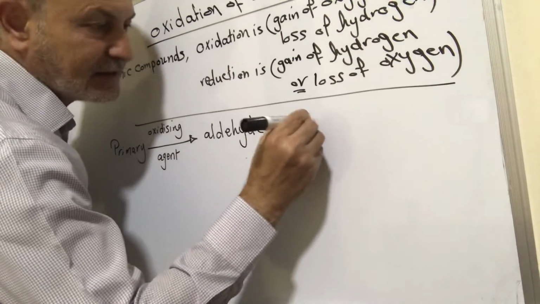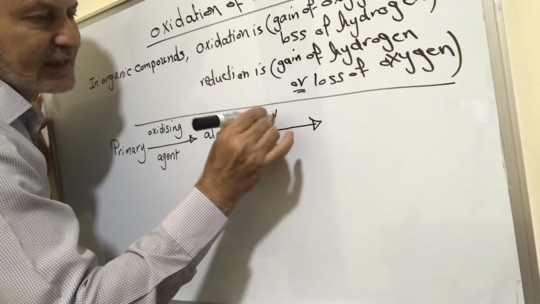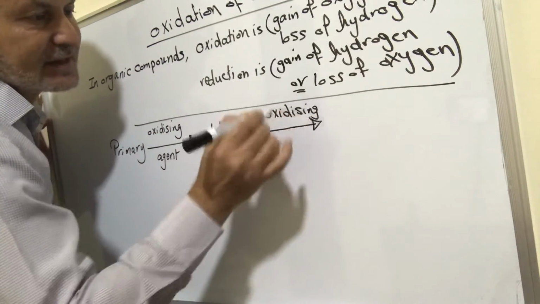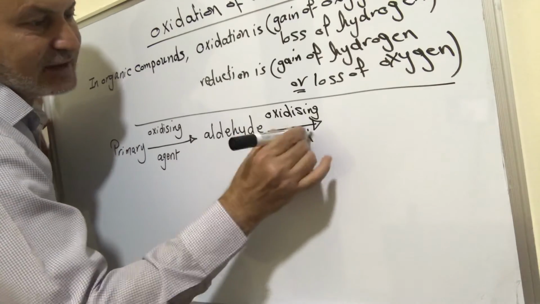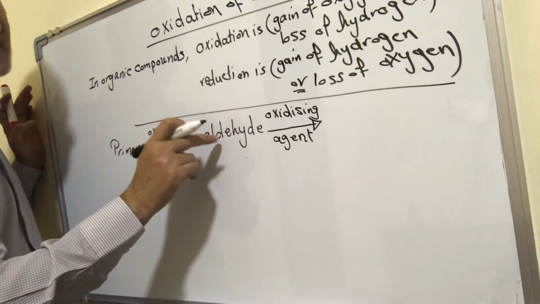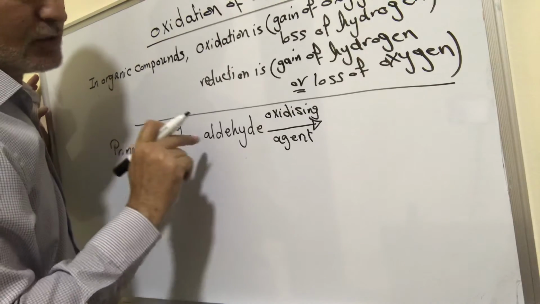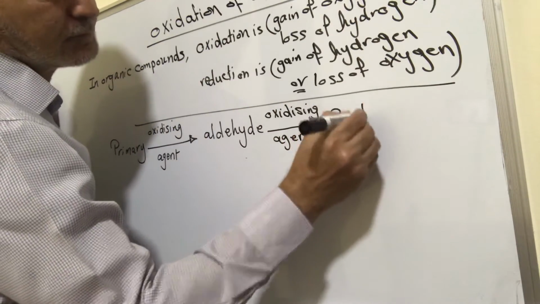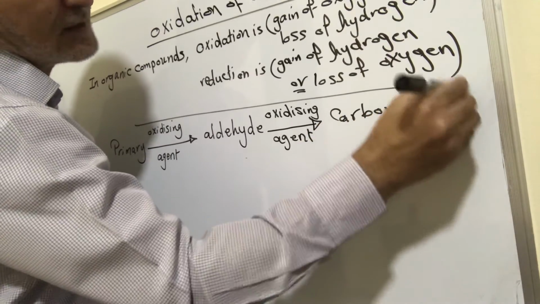While if the aldehyde stays in the container of the reaction with the presence also of the oxidizing agent, that is the second step of oxidizing primary alcohol. The first one was primary to aldehyde. The second one, if the aldehyde stays in the container of the reaction, it would continue into carboxylic acid.